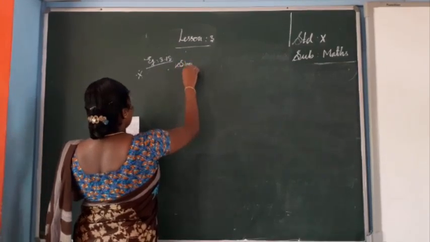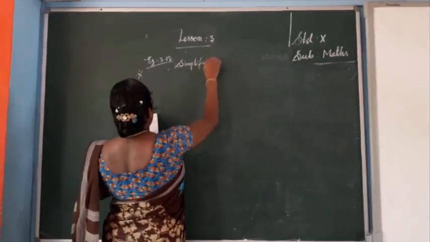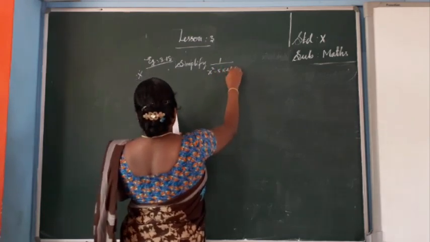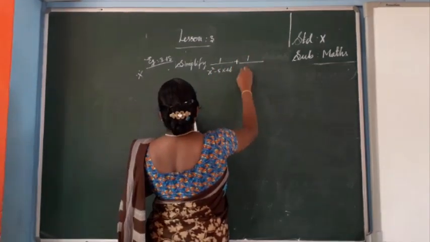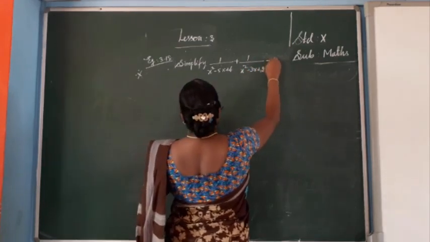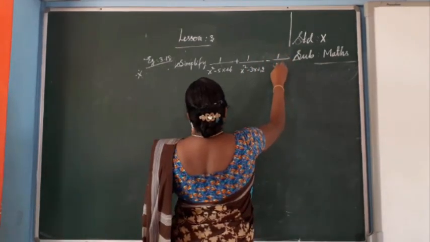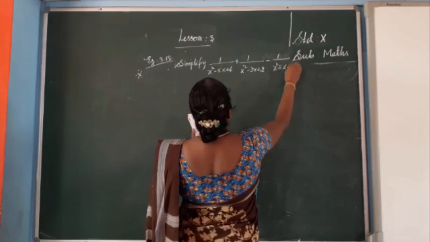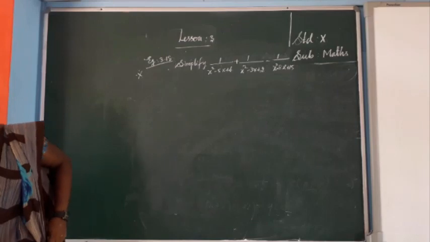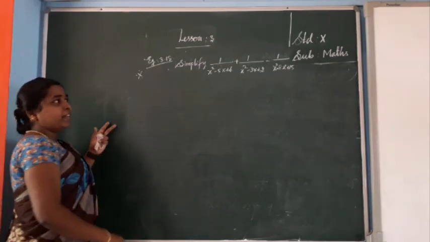Simplify 1 by x square minus 5x plus 6, plus 1 by x square minus 3x plus 2, minus 1 by x square minus 8x plus 15. Okay. So don't think this is difficult. This is an easy problem, very easy problem.